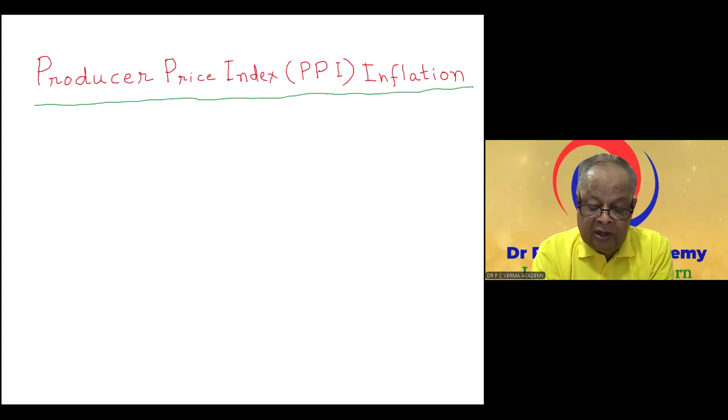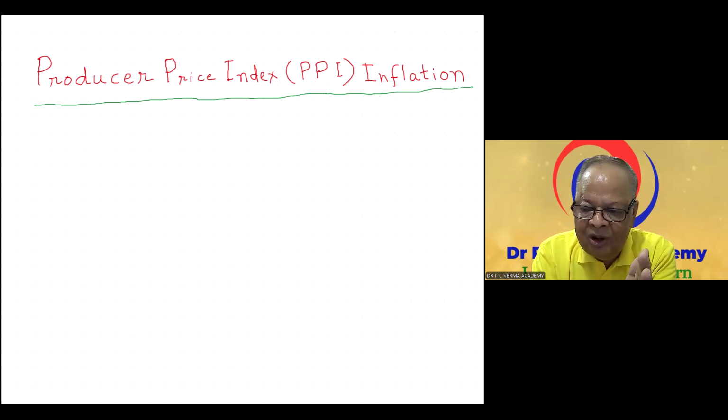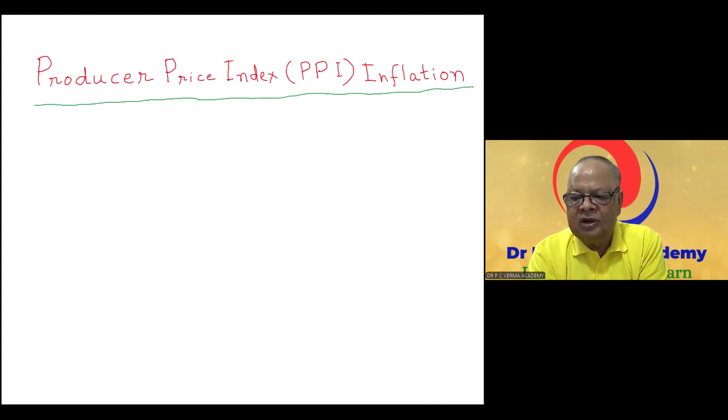In India, we are following the CPI. Their PPI, we follow CPI. CPI means Consumer Price Index. Consumer Price Index measures the changes in the price of goods and services paid by consumers. Whether you want to check at the producers level or at the consumers level, the choice is yours.